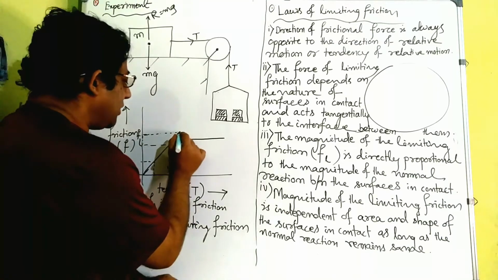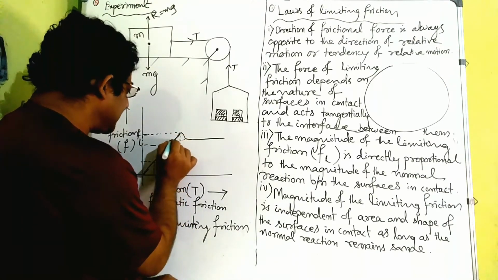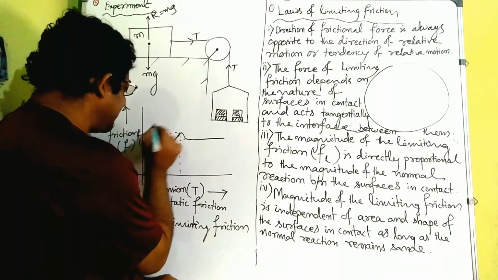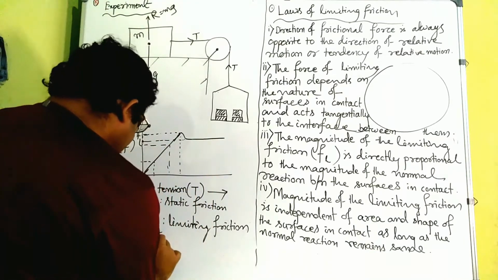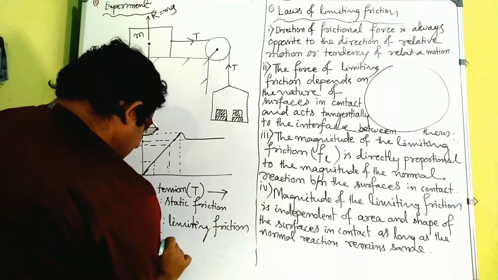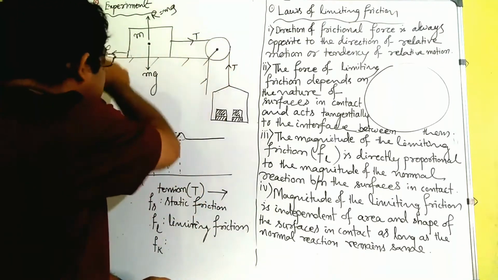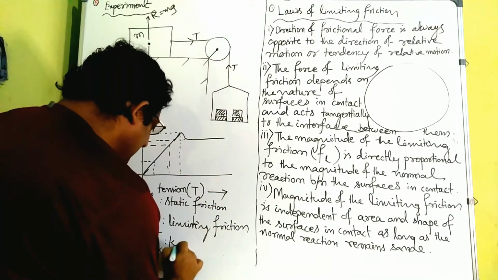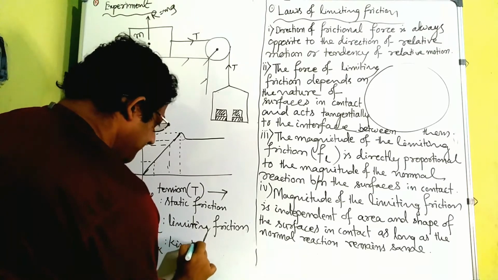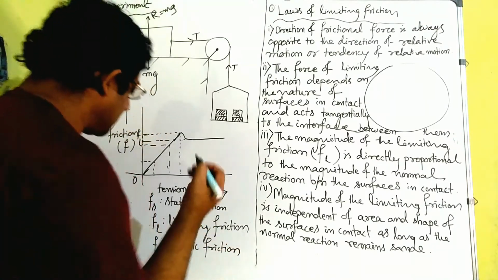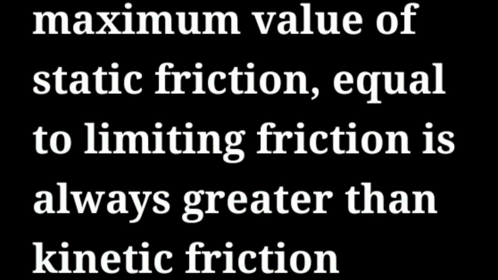And when, as I said, it falls and then remains constant, this is called kinetic friction. When the body is in actual motion, it started moving, then the frictional force is called kinetic friction. And static friction is a self-adjusting force.